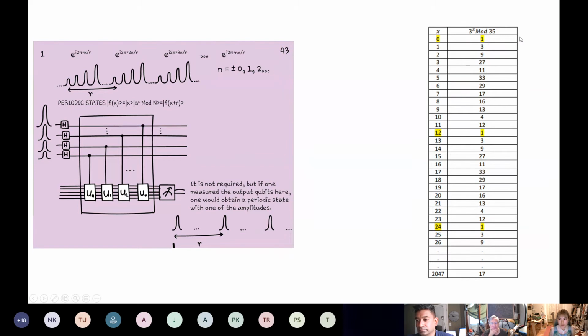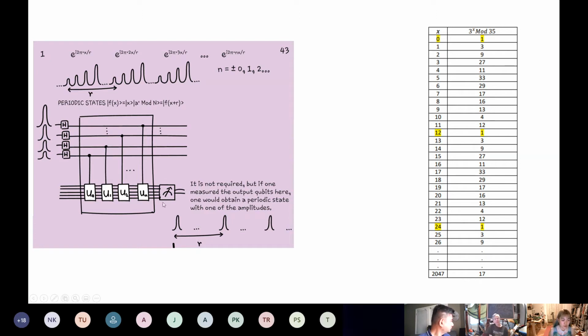But if it's 1, then there are multiple contributors: x could be 0, could be 12, could be 24. So you will get these peaks with that single amplitude left out, but it's still a periodic wave function. That just says if you measure it, all of the other possibilities might be canceled out because of the measurement, and what you're left with is one of them, but it doesn't really change here.